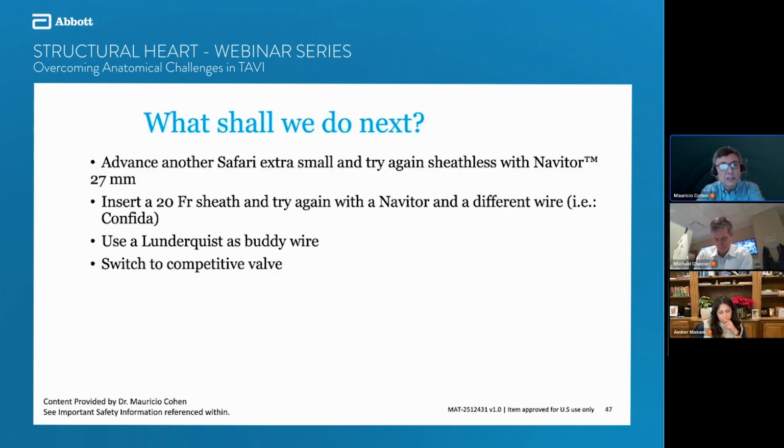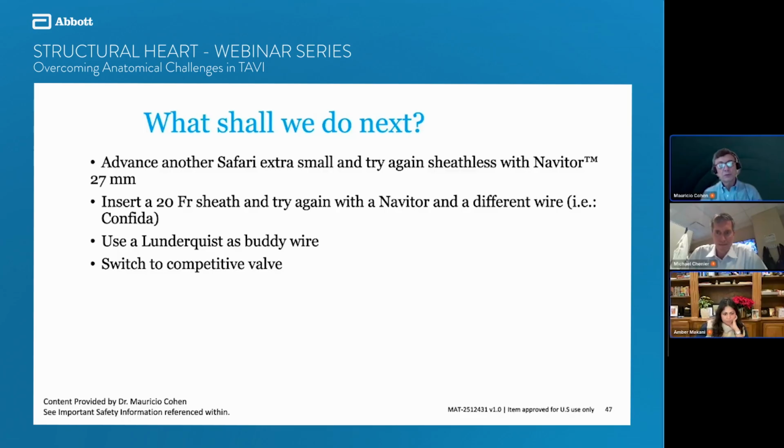We have radial access, not another femoral access to use the Lunderquist. We'd have had to get secondary access. So we didn't think about doing the Lunderquist, although that's a very good strategy, as mentioned by Michael. What we did was insert the 20 French sheath, because I dreaded the possibility of having this happen again and losing femoral access without having treated the patient.